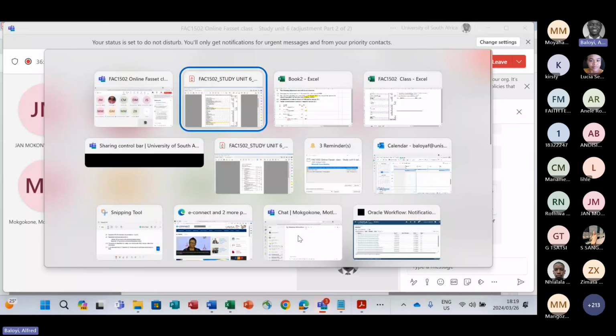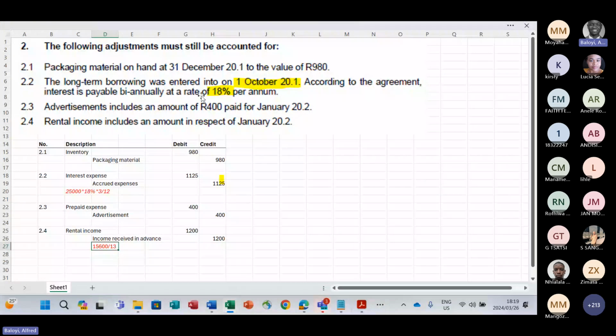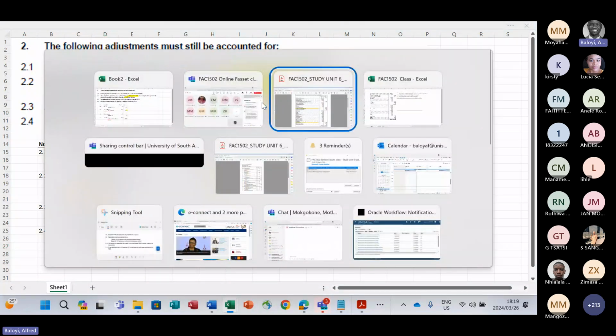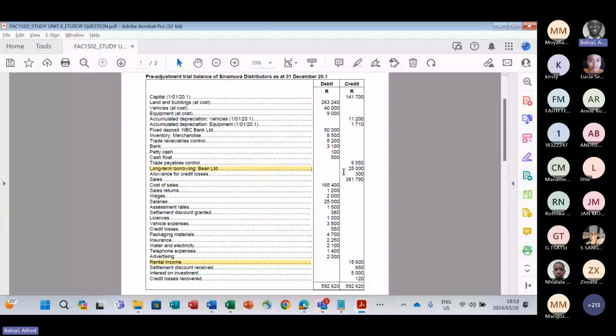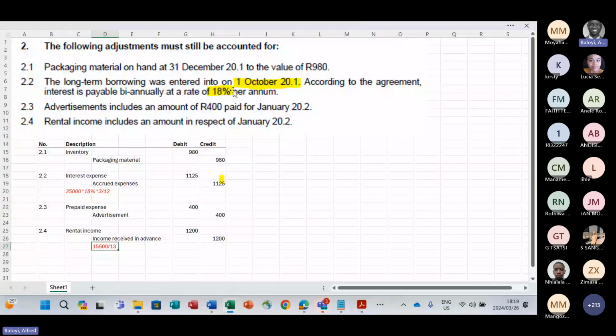For this loan of 25,000, you have to pay interest at 18% per annum. It's payable biannually, but that will not be the case in our instance, because it's only outstanding from October up until December, which is 3 months.